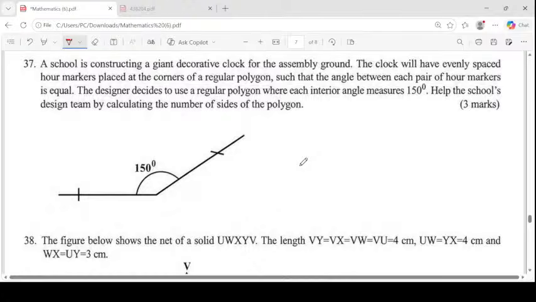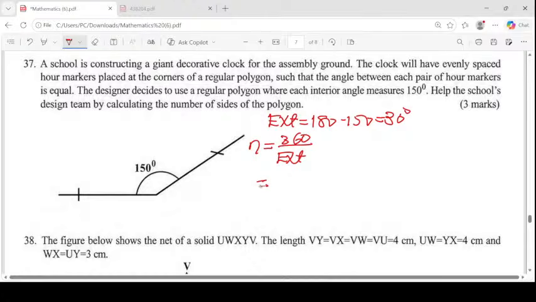So we just need to know the number of sides of the polygon. If each interior angle is 150, then each exterior angle, ladies and gentlemen, will be 180 minus 150. This is 30 degrees. Then to get the number of sides of the polygon n, it is normally 360 divided by the exterior angle.